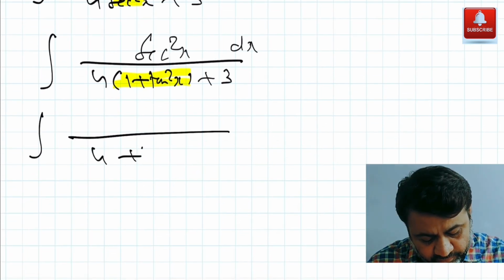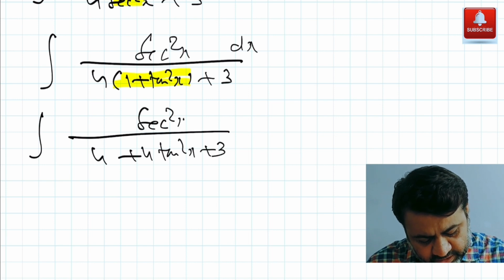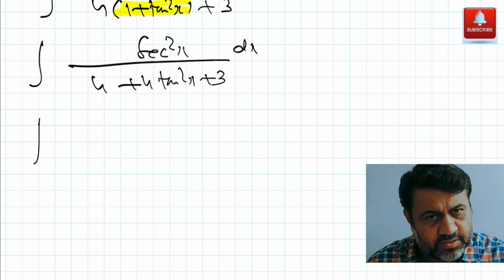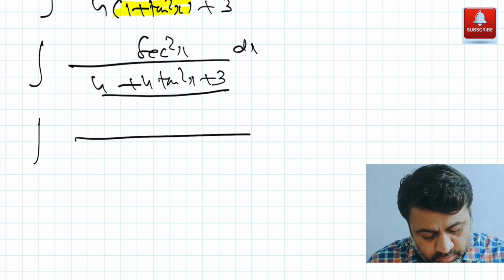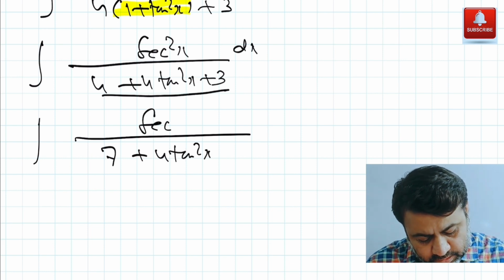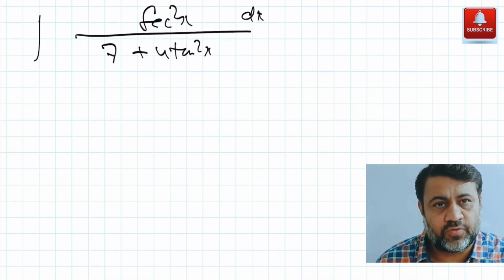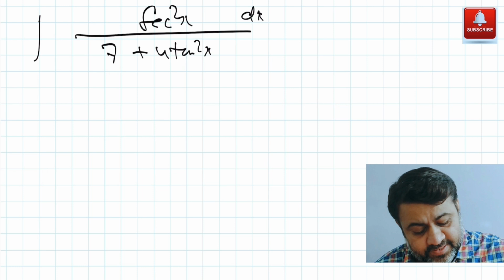So just open this bracket. In the denominator we get 4 plus 4 tan square x plus 3, and in the numerator we have sec square x dx. Simplifying, 4 and 3 make 7, plus 4 times tan square x, numerator as it is. Now put tan x as t.